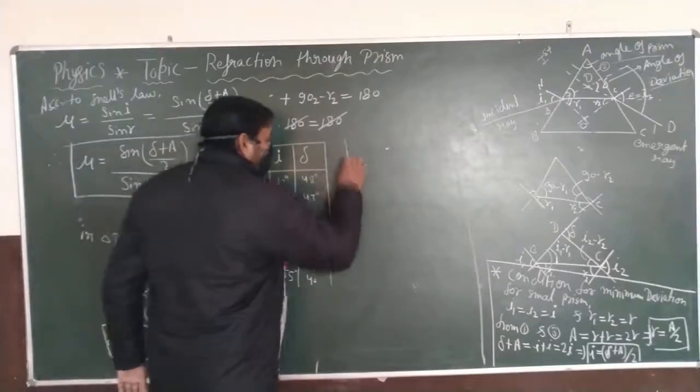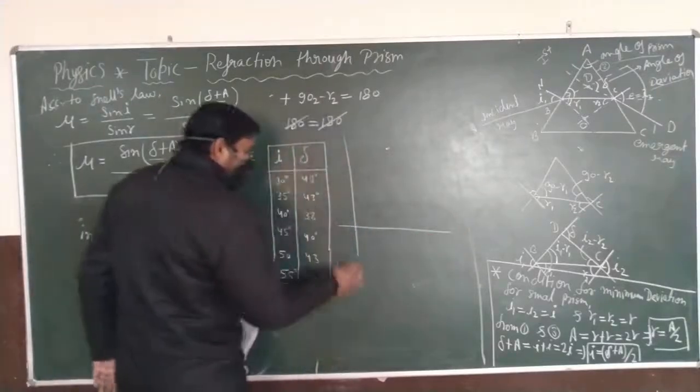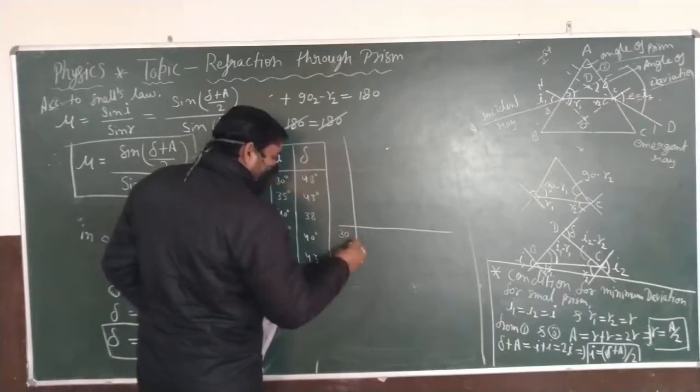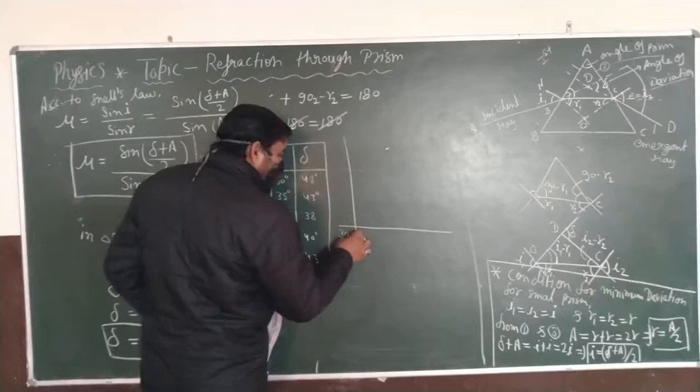Okay, then we get a graph starting from 30.